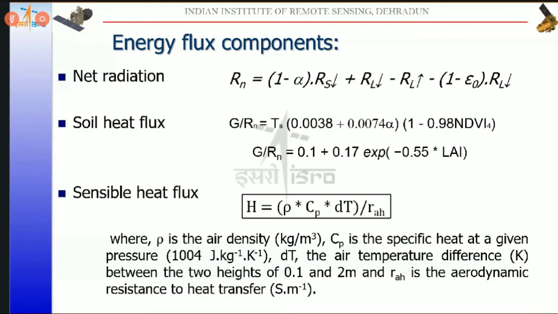So at the same instantaneous time, we take how much air temperature difference there is and define that as dT. Whereas rah is the aerodynamic resistance to heat transfer, with the value in seconds per meter.